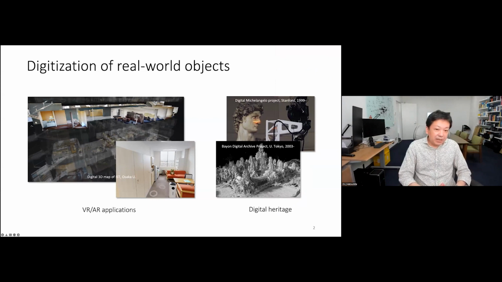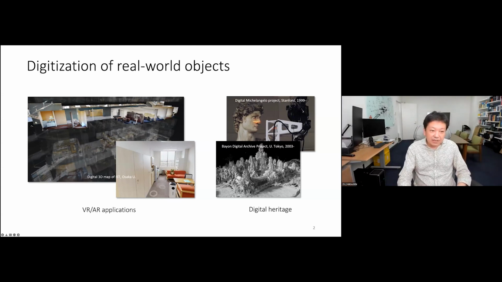3D computer graphics is relevant in game and film industries. The objects in 3D computer graphics are often called 3D models. And 3D models are used for VR and AR applications.